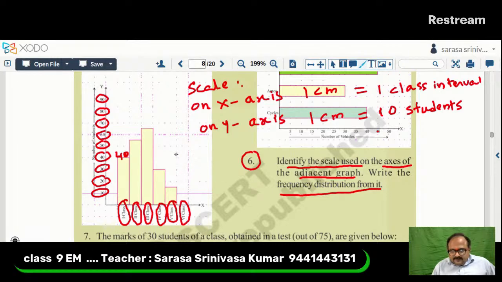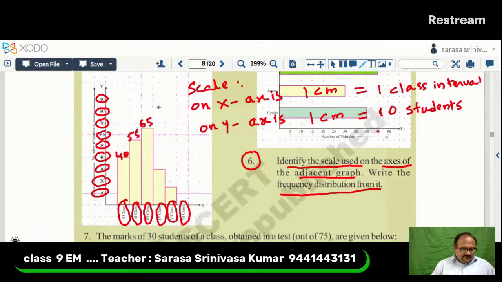So let us note down here first class 40, and second class is in between 50 and 60, that is 55. Second class is 55 students.